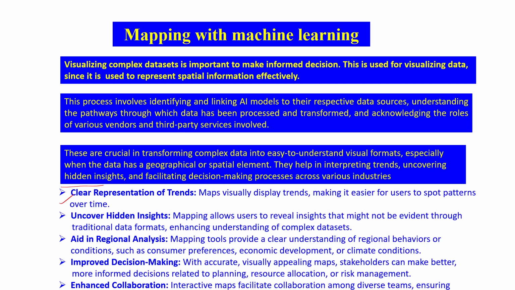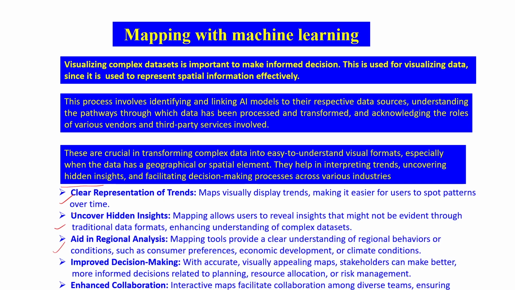When you look at thousands of data points, how do you understand what is hidden? Mapping allows you to reveal these insights, and it enhances our understanding of complex problems. In many cases it aids regional analysis, like climate conditions, economic development, material behavior, customer preferences, all kinds of things.